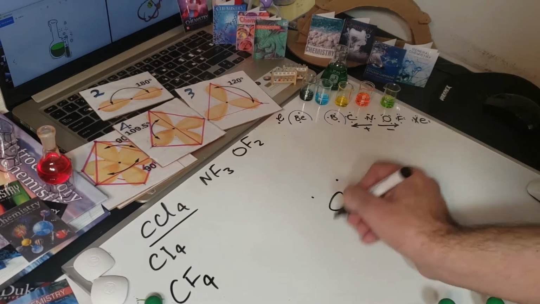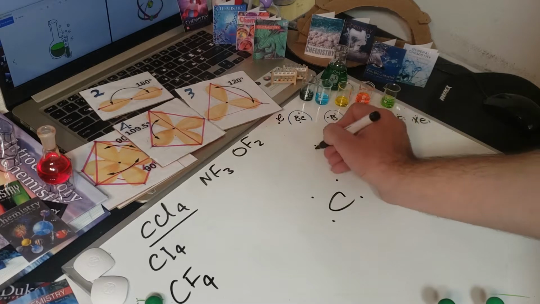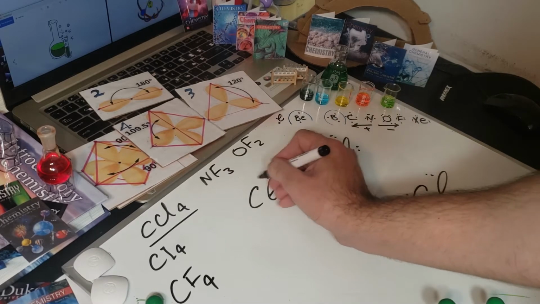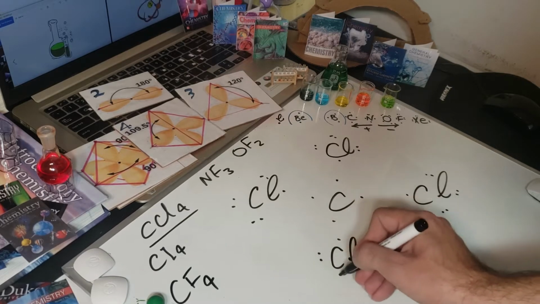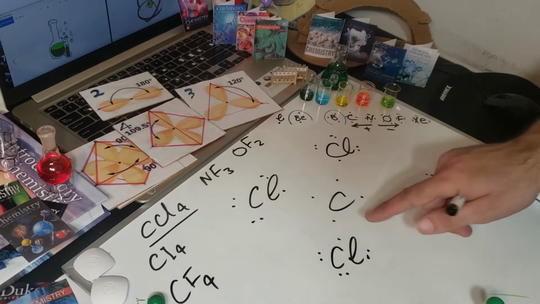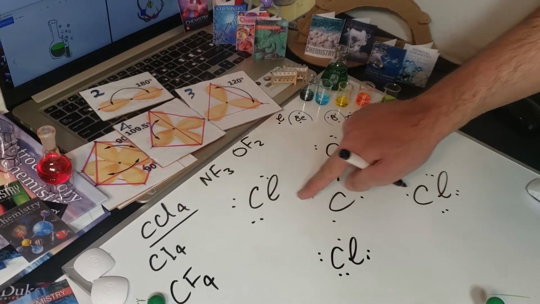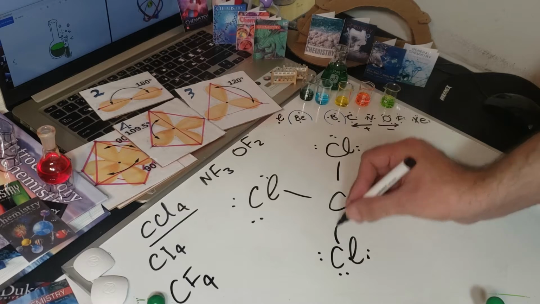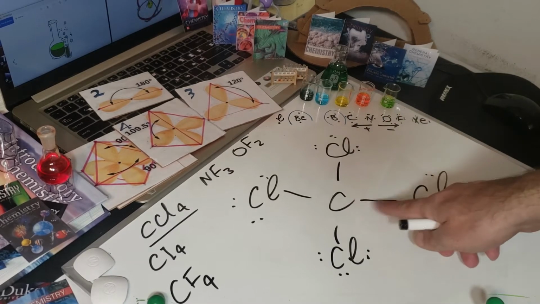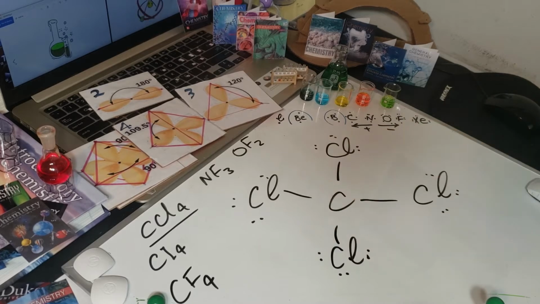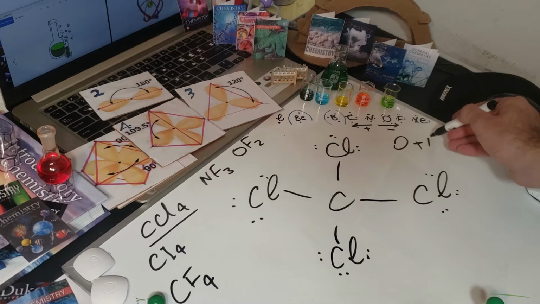Carbon, group 4. Chlorines, group 7. So they have 3 lone pairs each and 1 single unpaired electron. So I have my carbon, I have 4 chlorines. I share this one, it would satisfy this chlorine. I share this one, it would satisfy this chlorine, this chlorine. And as I do this, the 4th chlorine, when I do the bond, it would also satisfy my carbon. 0 lone pairs, 4 surrounding atoms.